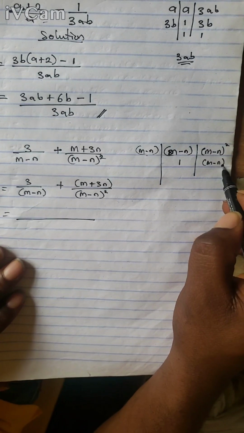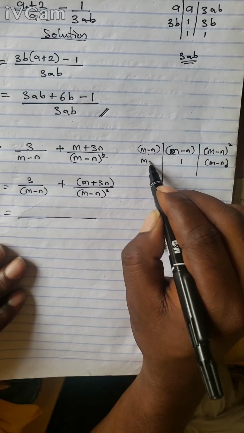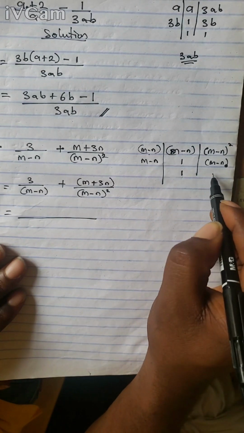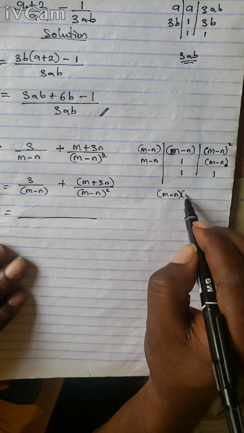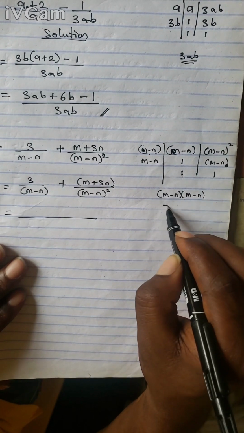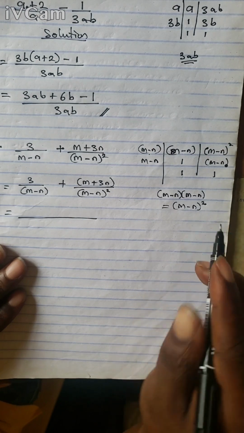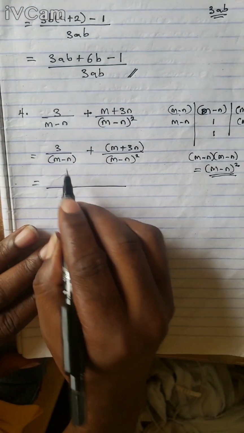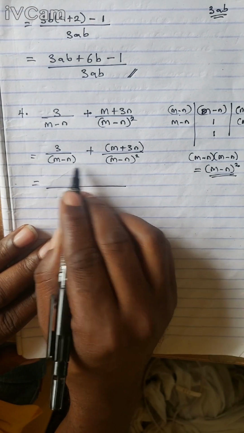So you go again by m − n, that will give you 1 and 1. So that will give you (m − n) into (m − n), that will give you (m − n)². Okay, so this is our LCM. So the LCM of this and this will give you (m − n)².